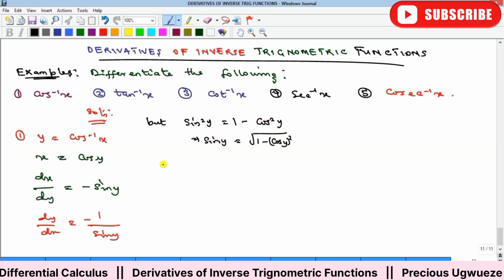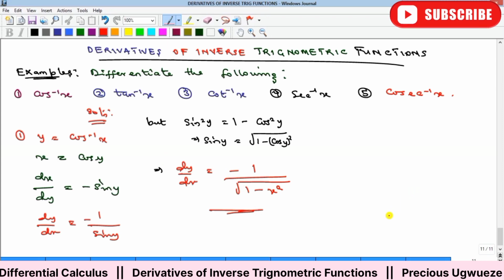So if I bring this here, it implies that my dy/dx is equal to minus 1 over the square root of 1 minus, then our cos y is equal to x, so that's going to give us x squared. This is the derivative of cos inverse of x. The only difference here is that for sine there won't be any negative sign, but for cos you have the negative sign.